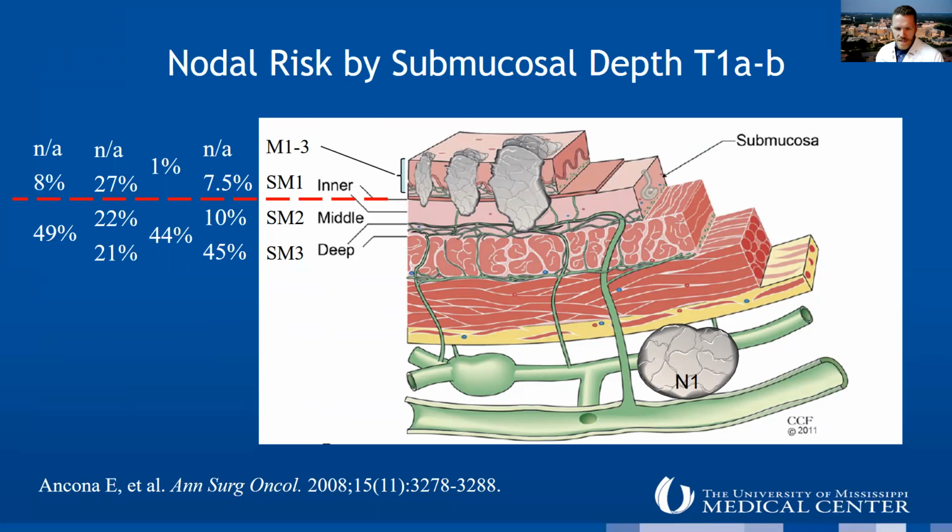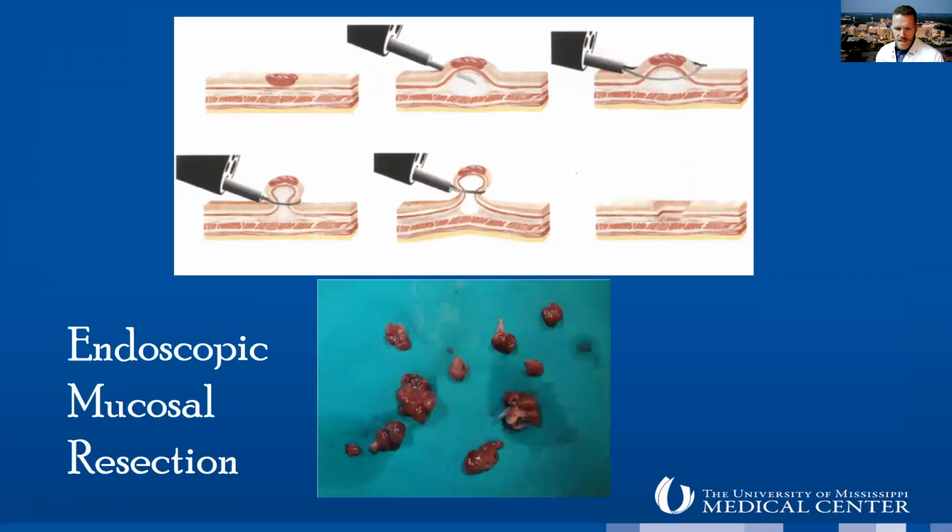So something in the single digits. And then there's a big step off once you get to SM2 and 3, where you begin to see that 40, 50% risk of nodal disease, that if you were to address this only endoscopically, this would go unnoticed or untreated. And that's an important distinction in how we approach these.